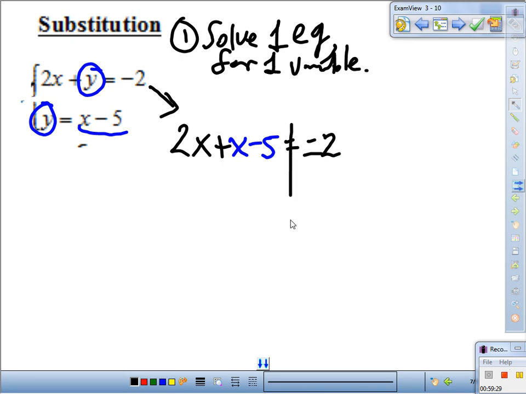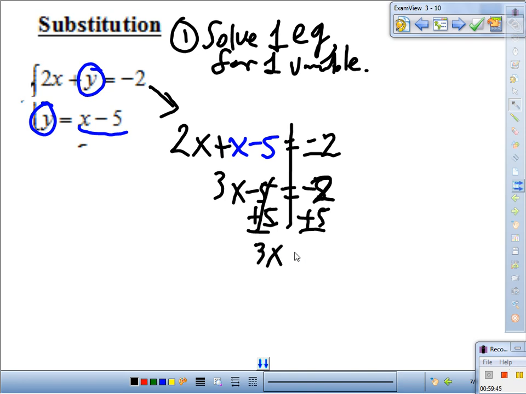All right, let's solve. Here we go. This is 3x minus 5 equals -2, plus 5 plus 5. Oh, this was -2, sorry. Then we get 3x equals 3, divide by 3, x equals 1. What do I do from there?